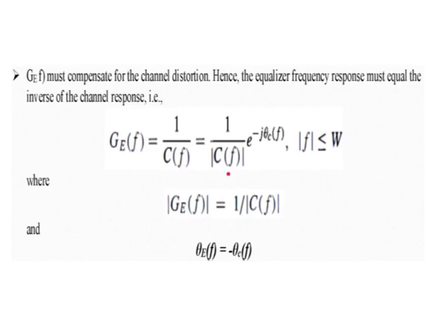This C of f can be written as mod of C of f into exponential of j theta C of f, and this exponential of j theta C of f can be written in the denominator, that is, exponential of minus j theta C of f in the numerator.